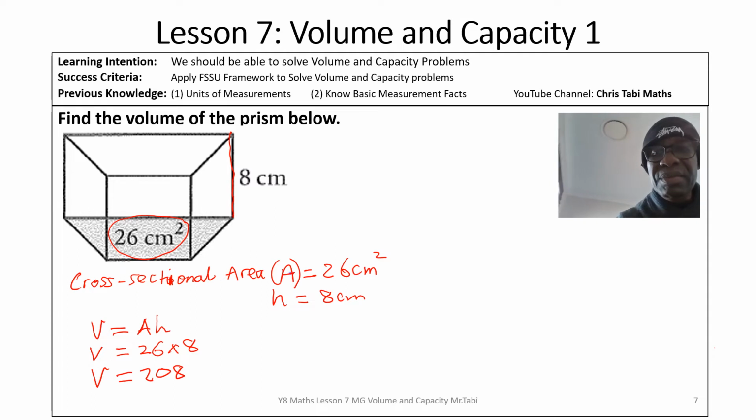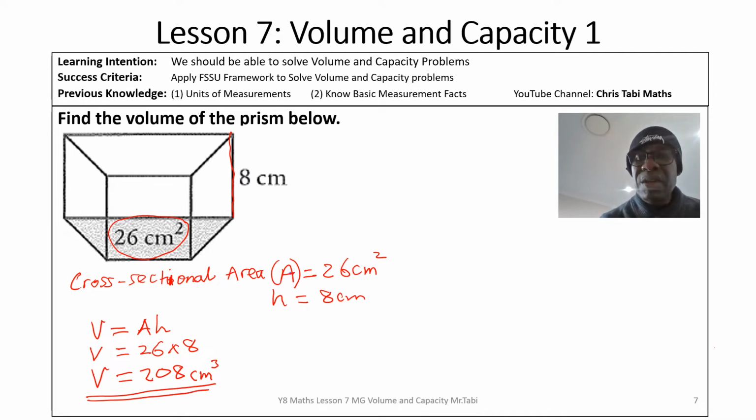And the unit is cubic centimeters. So the cross-sectional area we have been given, multiplied by that H, gives you the volume of the shape given to you.